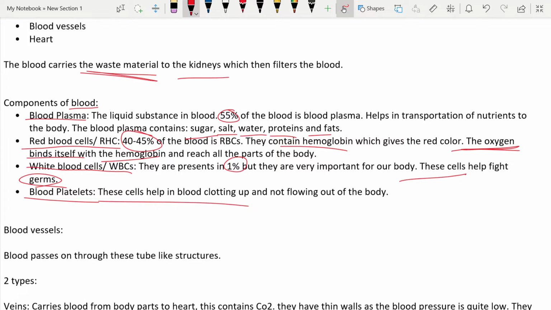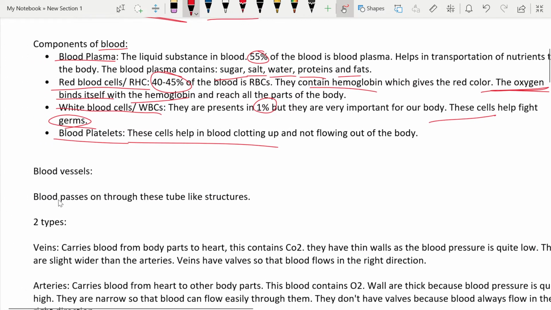Now if your blood keeps flowing and keeps flowing, you will lose your blood, and that won't be good for your body because the body needs the blood. So our platelets help in clotting up the blood so that it does not flow too much. Just flows a little bit because obviously you got a cut, so it's obviously gonna flow, but then the platelets just cover it up and help the blood in clotting up.